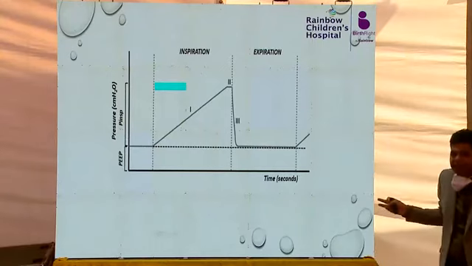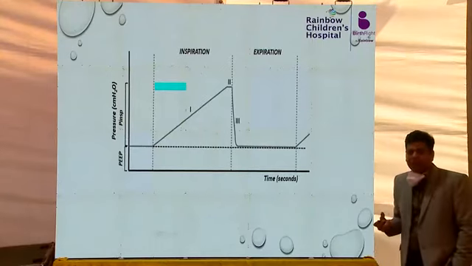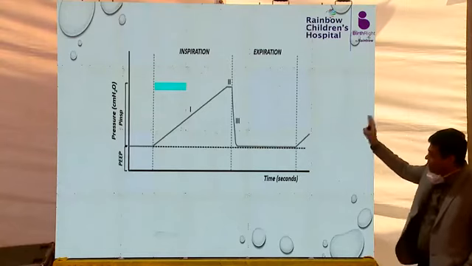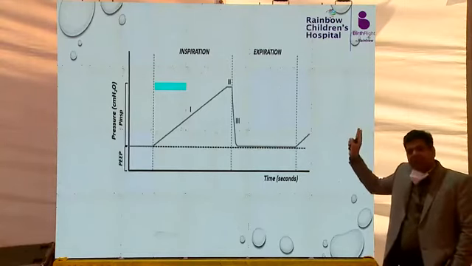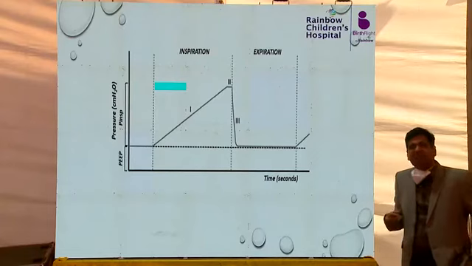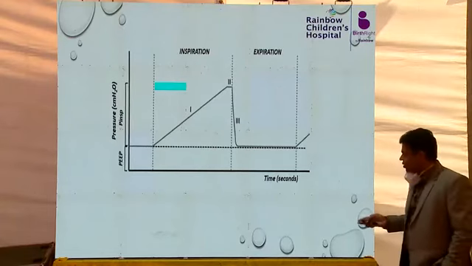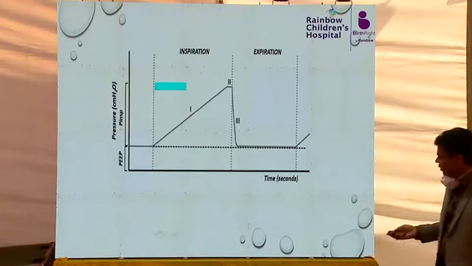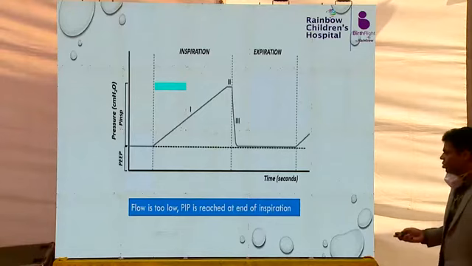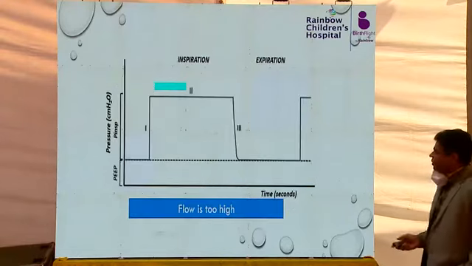You don't want that. So you want the alveoli to get recruited. So if the PIP is achieved too quickly, then all the alveoli will not get recruited. Okay. The flow is too low. Okay. What is happening here?